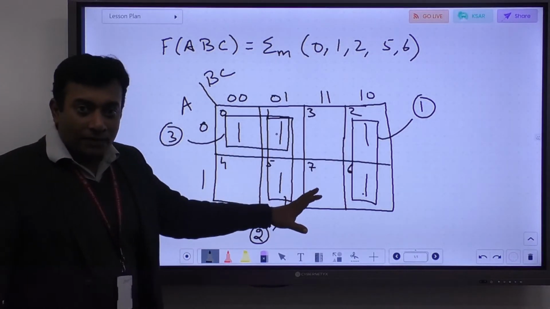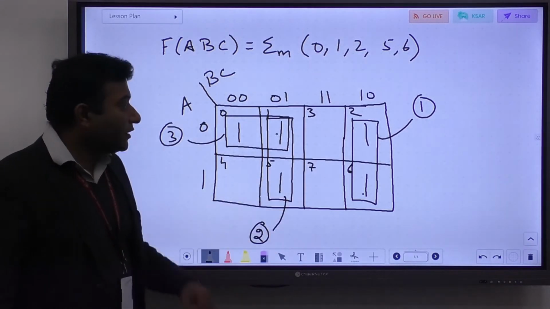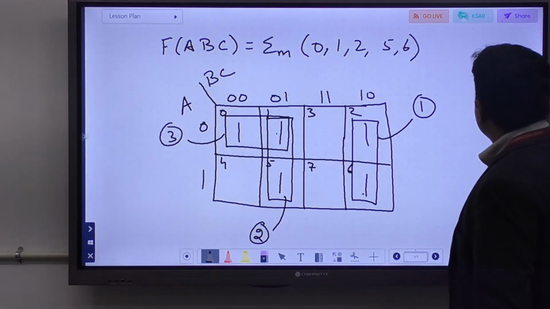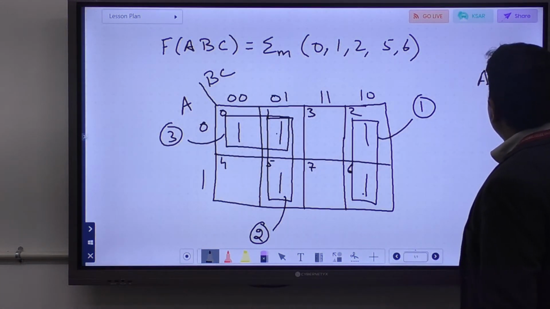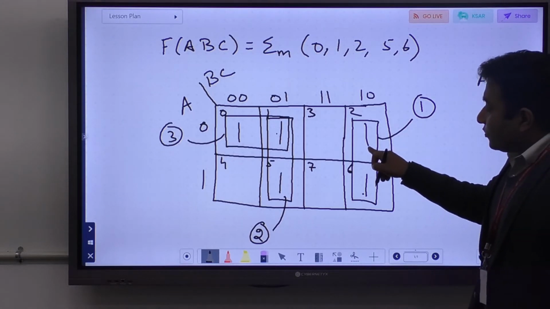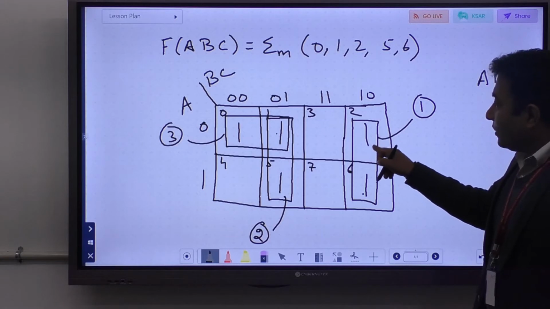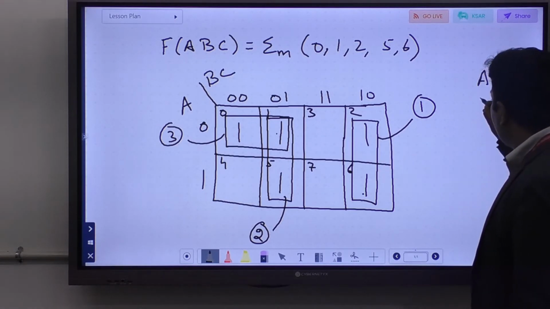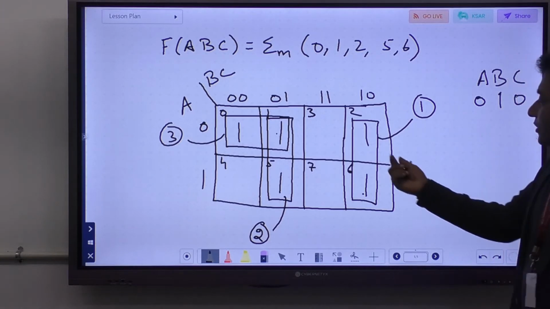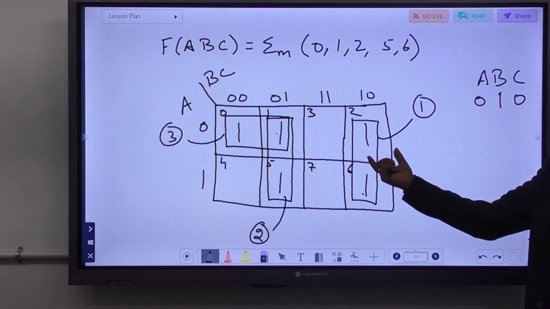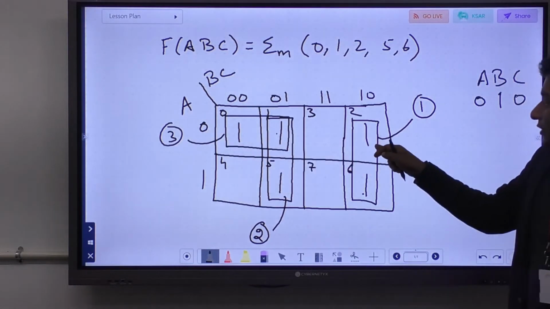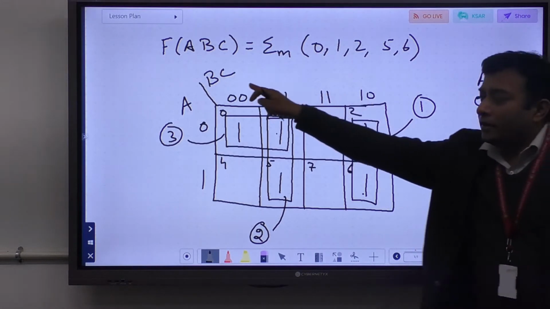I have taken it very simple because we have just started doing it. So for group 1, we need to write 3 of the variables. For this particular one, the value would be 0, 1 and 0, because it is lying on this particular box. The positional value of the box is: for A it is 0, for B it is 1 and for C it is 0.